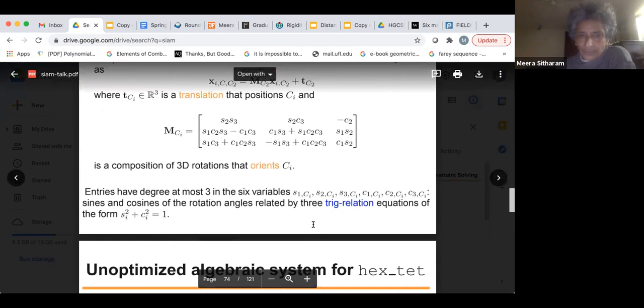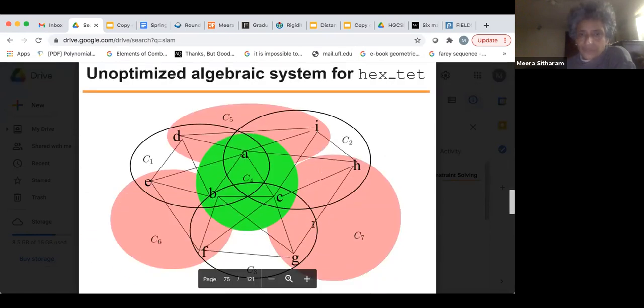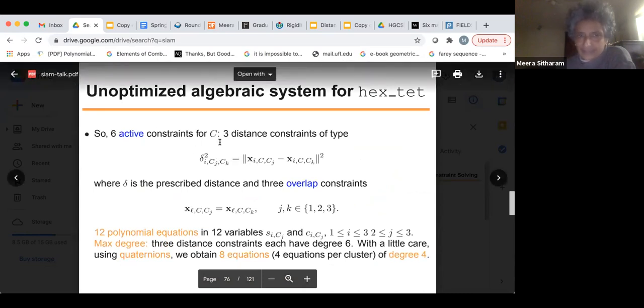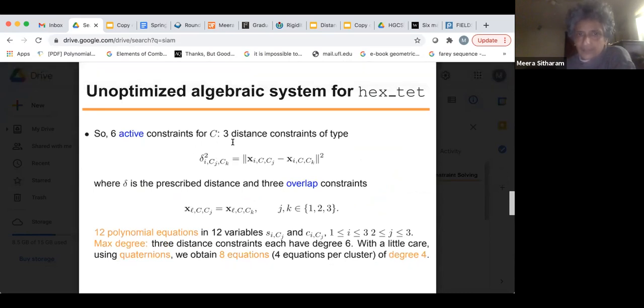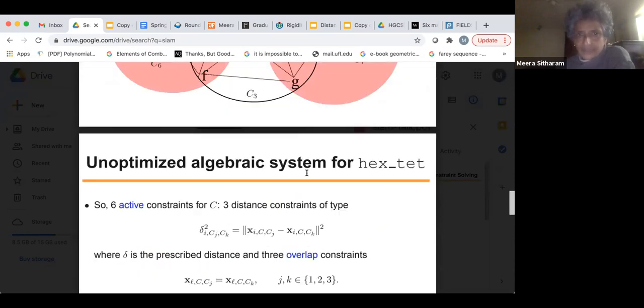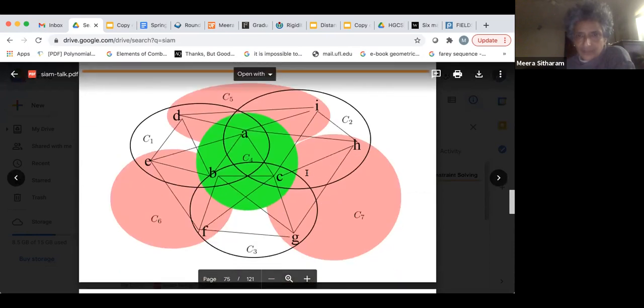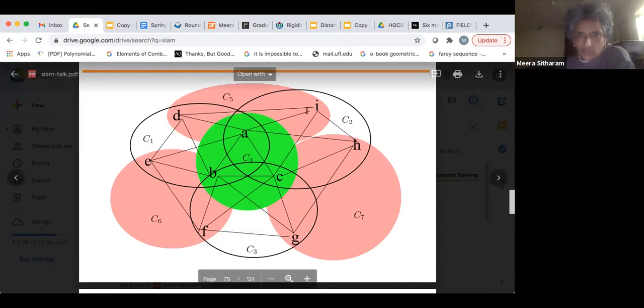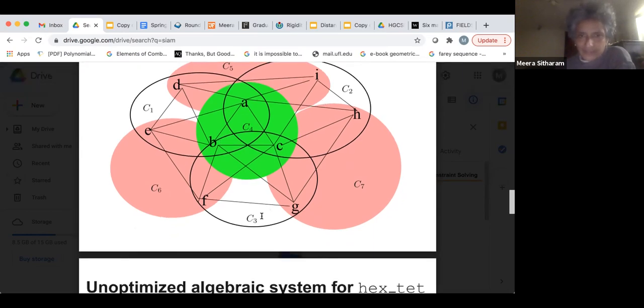So if you did that, you would get 6 active distance constraints for C. So what are the 6 active distance constraints? We've got C1, C2, C3. I see only 3, this one, that one, and that one, plus, okay, now we're writing the coincidence as active constraints.